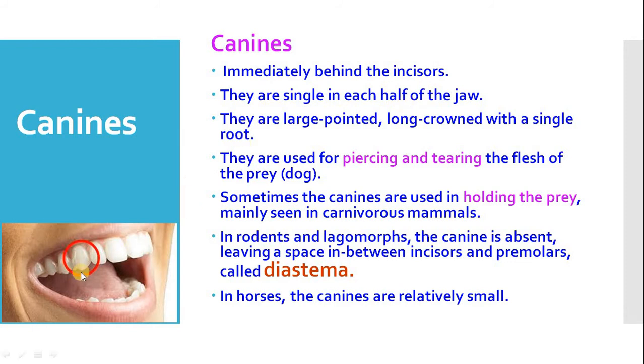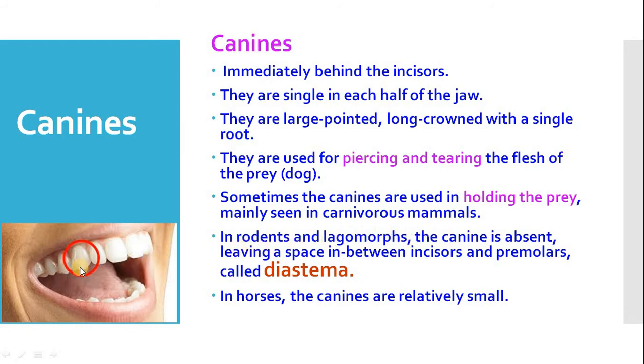Pointed means sharp. Long crowned with a single root. They will be longer than the incisors. They are used for piercing and tearing the flesh of the prey. Sometimes the canines are used in holding the prey also, mainly seen in the carnivorous mammals.